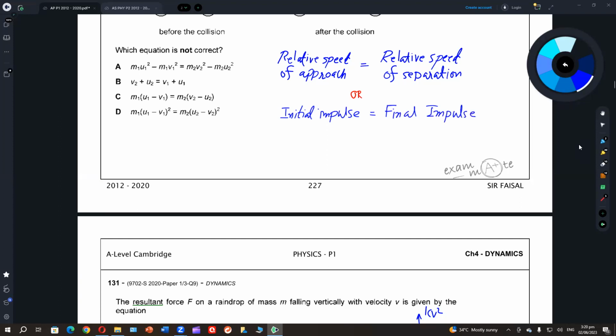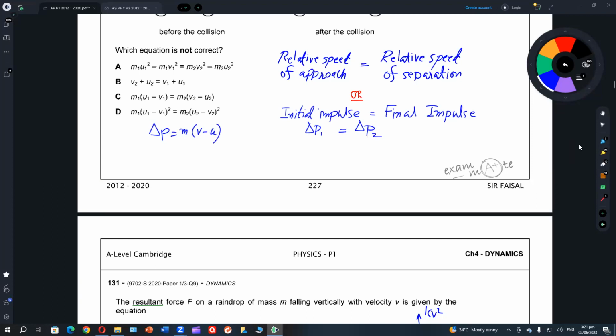This is the second option. What's the formula for impulse? m(v plus u), or v minus u.